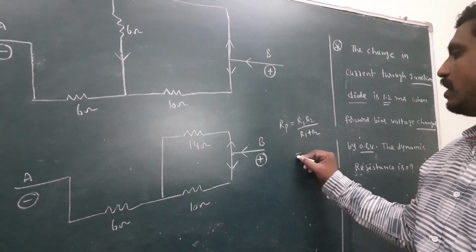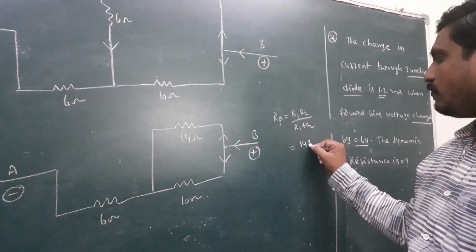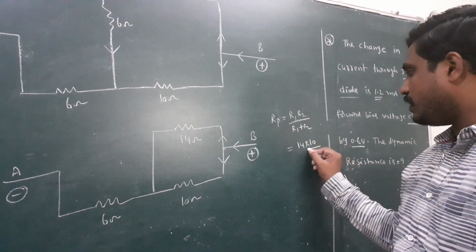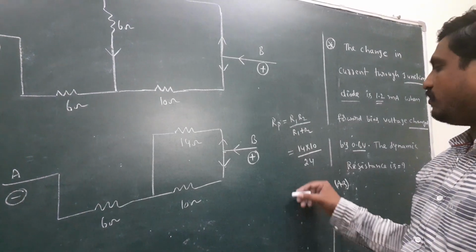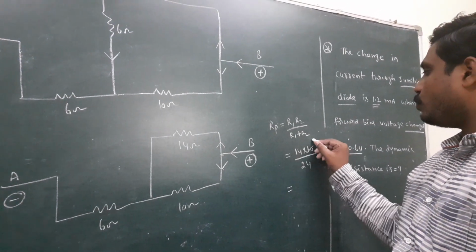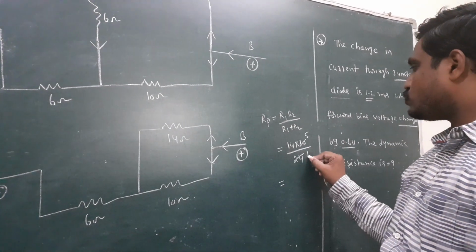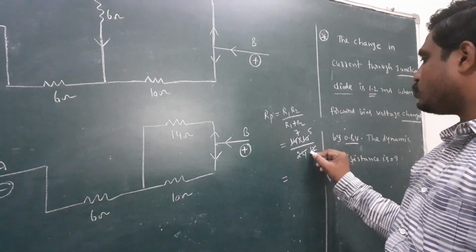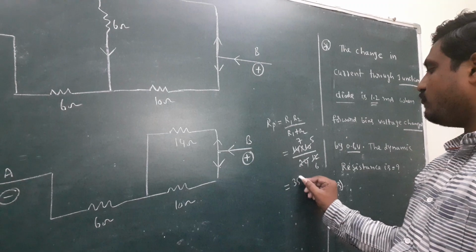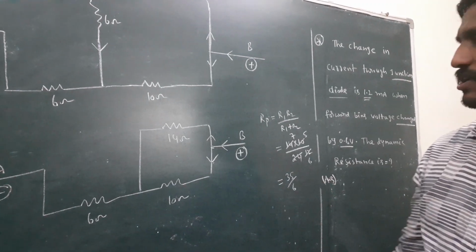What is the R1 value? 14. What is the R2 value? 10. What is R1 plus R2? 14 plus 10, 24. Dividing by 2 repeatedly, finally we get 35 by 60.